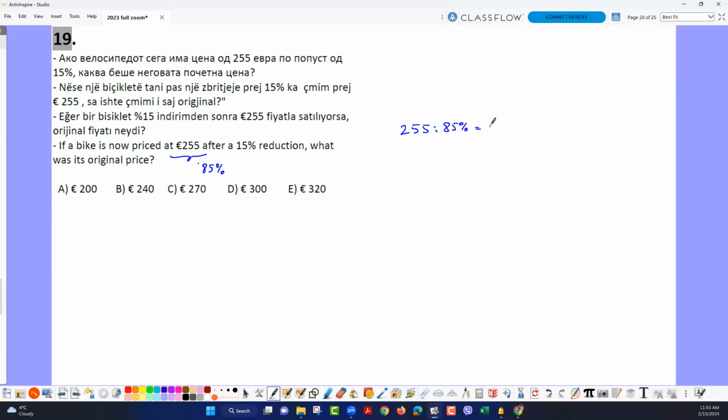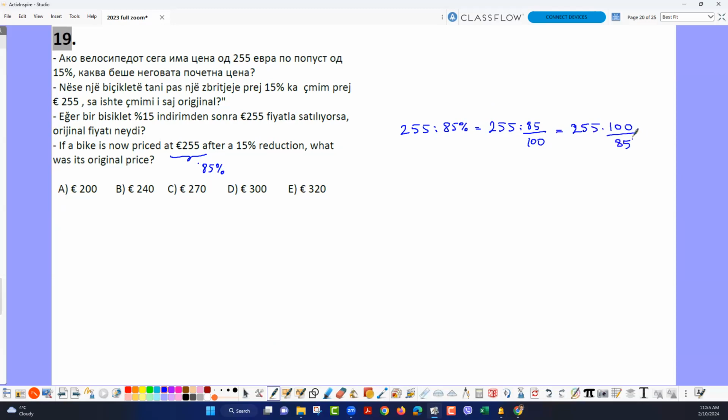To do that, 255 divided by 85 over 100. You know, 85% means this, and when you divide fractions, you multiply by the inverse. 255 times 100 divided by 85.